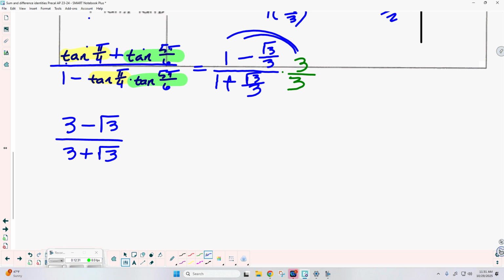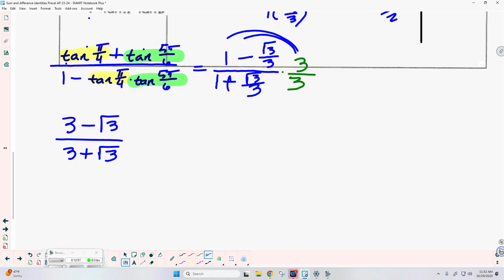Okay. Now, we have to rationalize it, but the problem is it's not like the previous ones. If I multiply by square root of 3 over square root of 3, it's not going to remove the radical from the denominator. Because we don't have a single term down here, we got a binomial. If you have a binomial in your denominator, you've got to use its conjugate. What am I talking about?